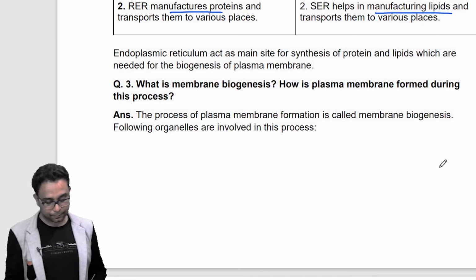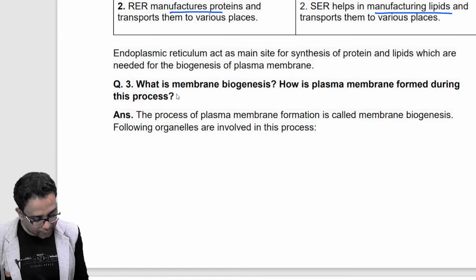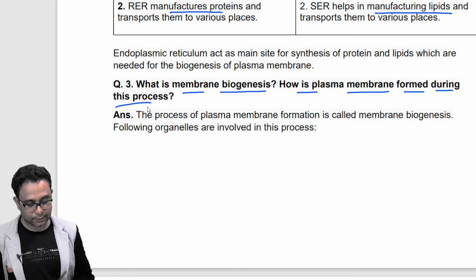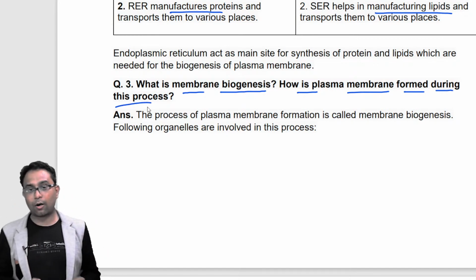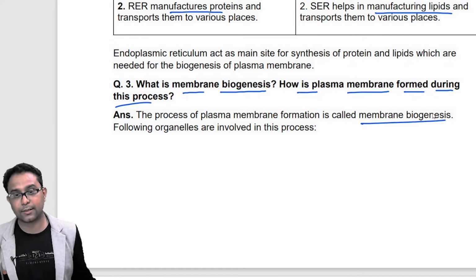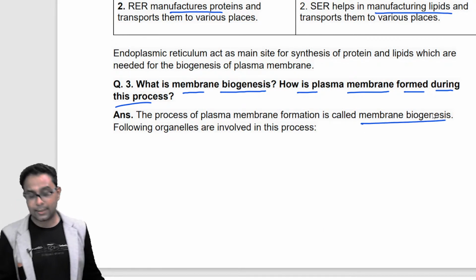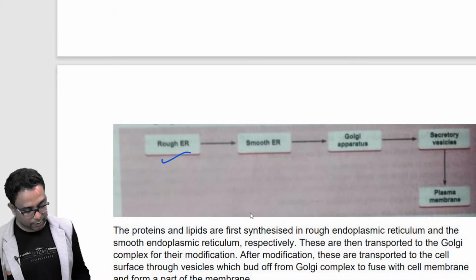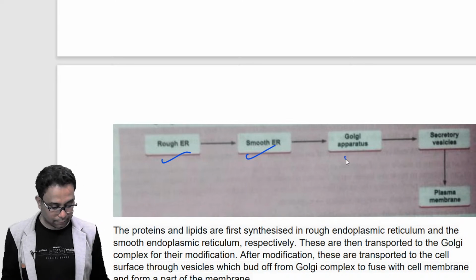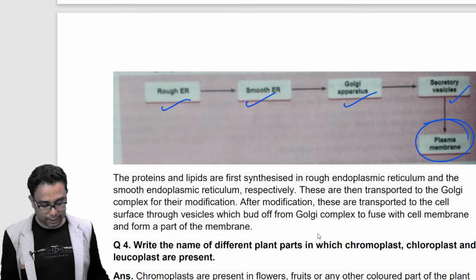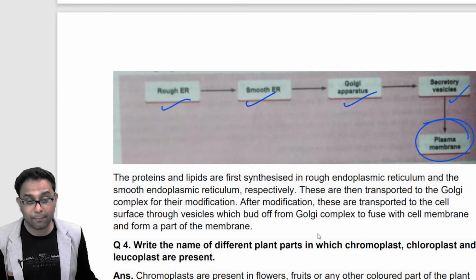Next question. What is membrane biogenesis, and how is the plasma membrane formed during this process? The process of plasma membrane formation is called membrane biogenesis. The following organelles are involved in the biogenesis process: rough endoplasmic reticulum, smooth endoplasmic reticulum, Golgi apparatus, secretory vesicles, and the plasma membrane is produced.